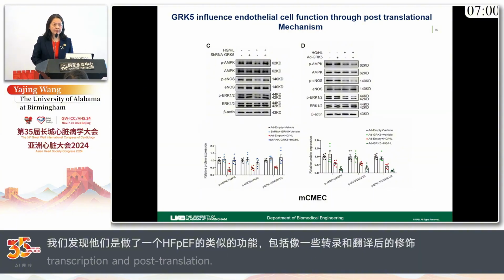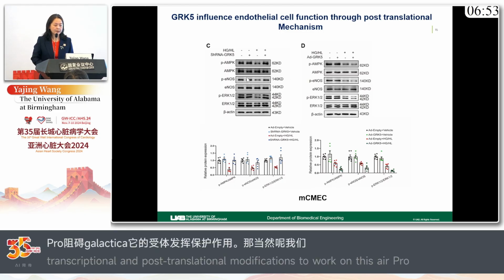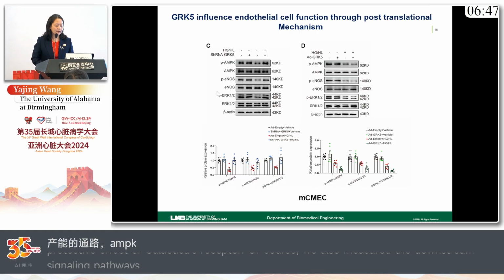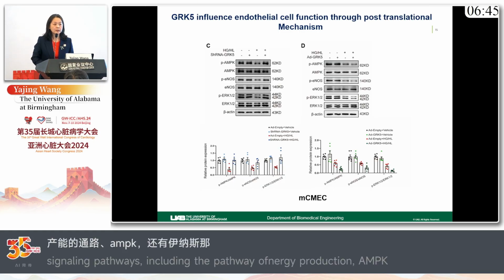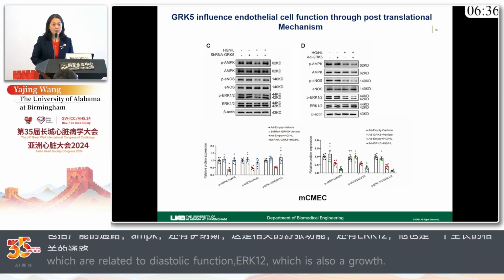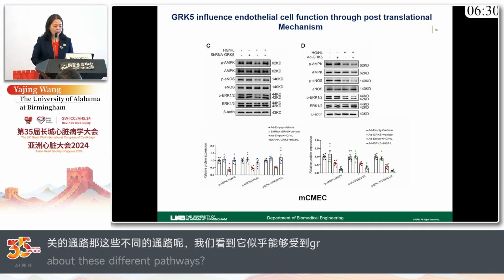How does it make this worse? We measure the downstream signalings, like the energy signal AMPK, and we measure eNOS. This is a relaxation function, and ERK1 and 2 reflect endothelial cell growth function. We found that GRK5 influences those signalings and seems to regulate endothelial cells in many aspects of their biology.